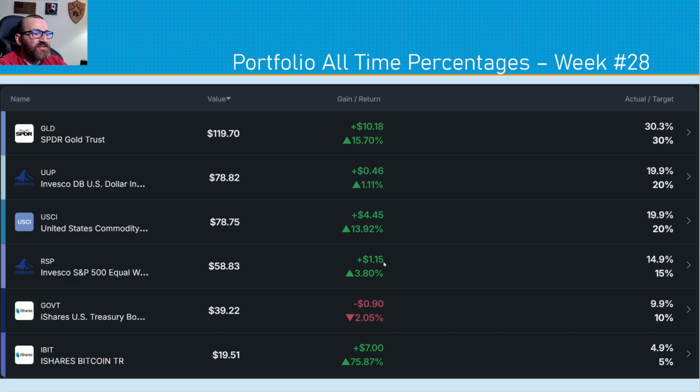We have our stocks position up 3.80% for a market gain of $1.15. We have our government bonds position down 2.05% for a market loss of 90 cents. We have our Bitcoin position up 75.87% for a market gain of $7. There we go. So this is all time.